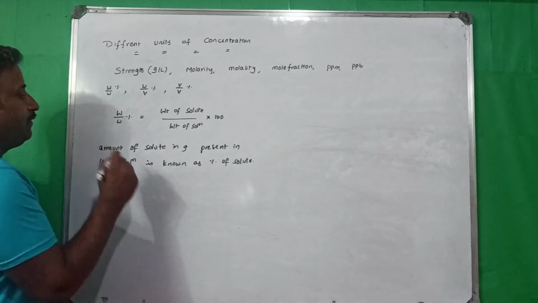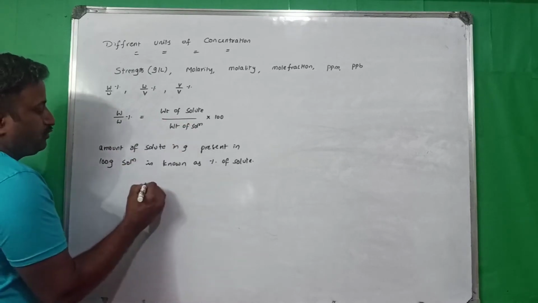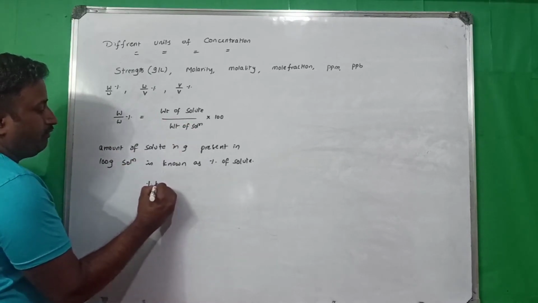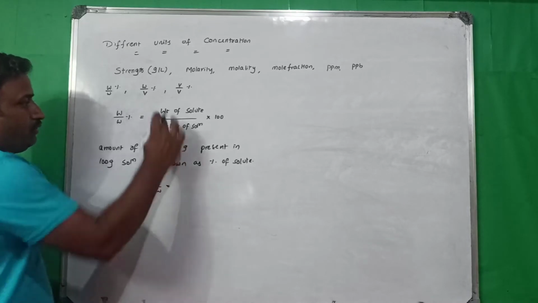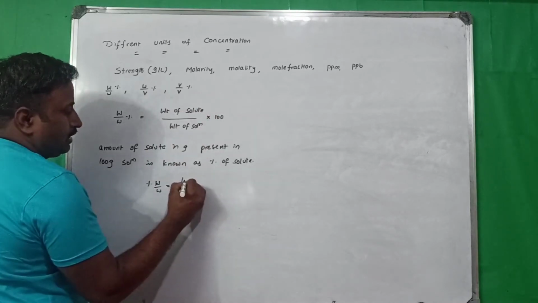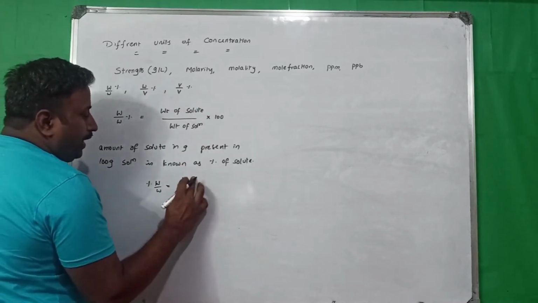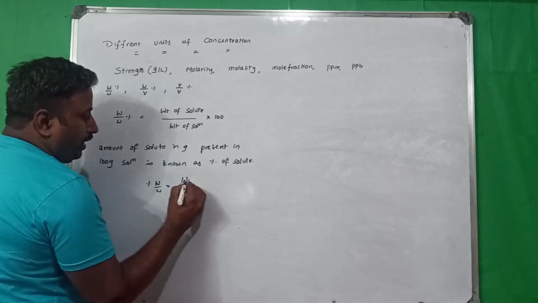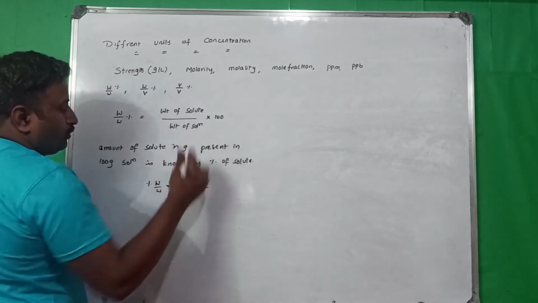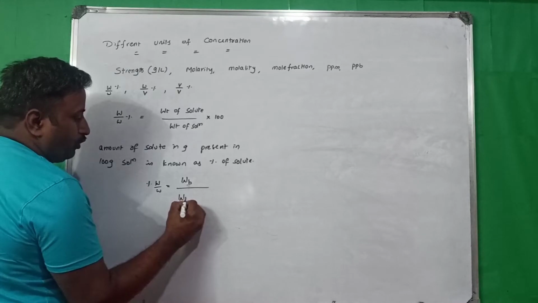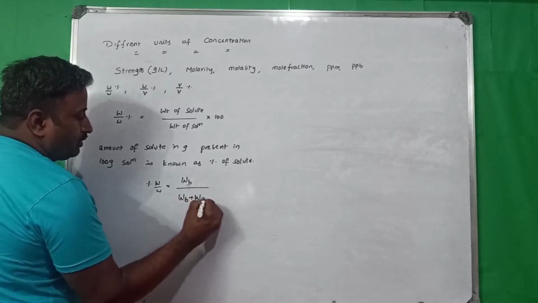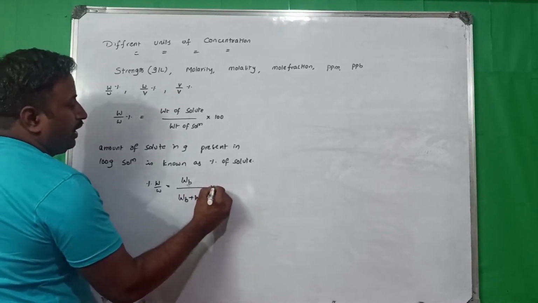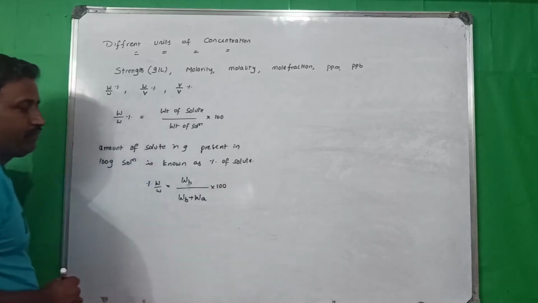So the formula is percentage weight by weight is equal to weight of solute, let us take it as WB, upon weight of solution, which is nothing but weight of solute plus weight of solvent, WB plus WA, into 100.